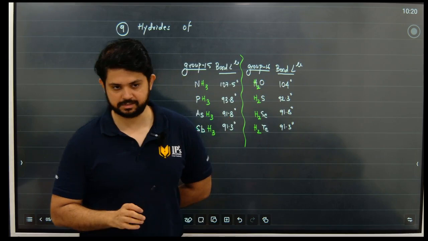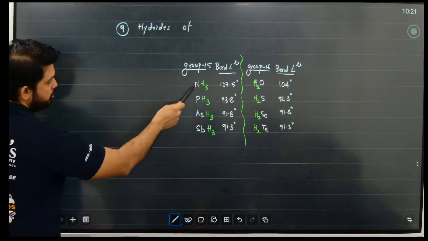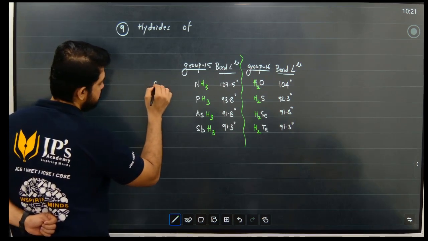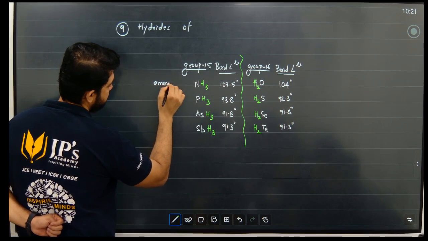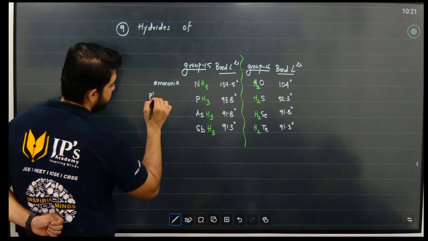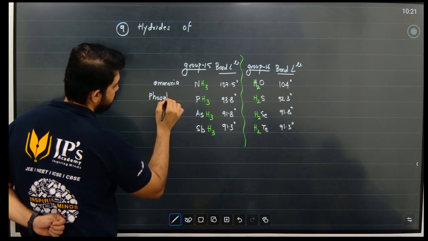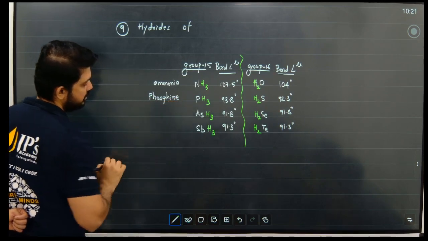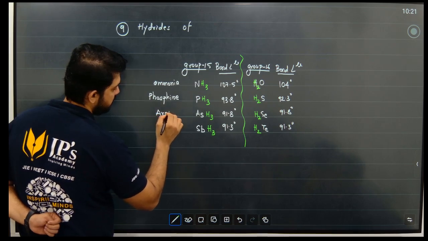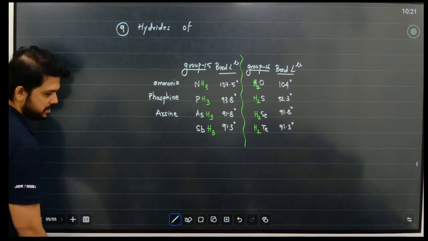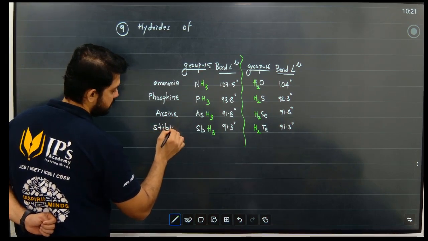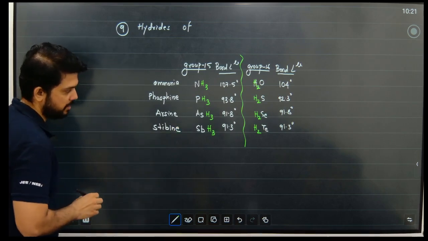What do we call NH3, people? Ammonia. Everyone knows that. NH3 is our ammonia. PH3 stands for phosphine. AsH3 is called arsine and SbH3 is called stibine.